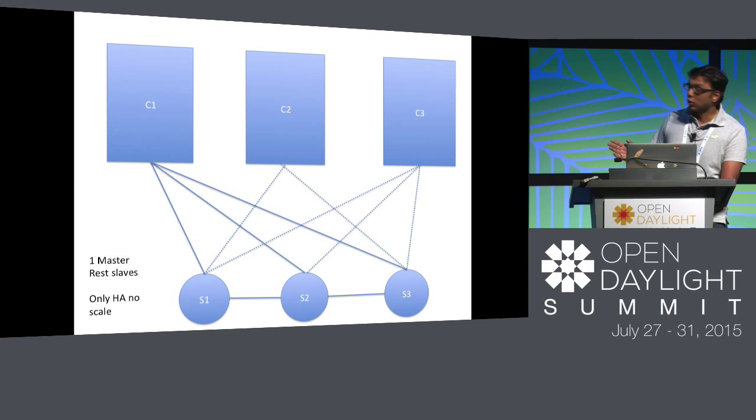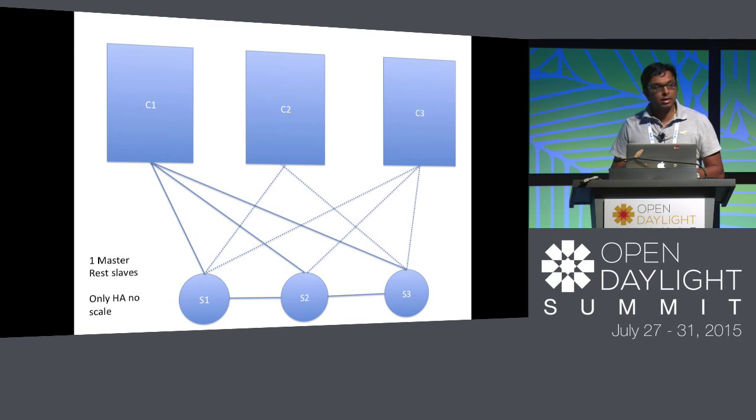Another OpenFlow based solution which has been tried was that these switches are connected to all the controllers like a mesh. Using OpenFlow, we configure the switches saying that one of them is the master and the rest are slaves. In this scenario, C1 is the master for S1, S2, S3.